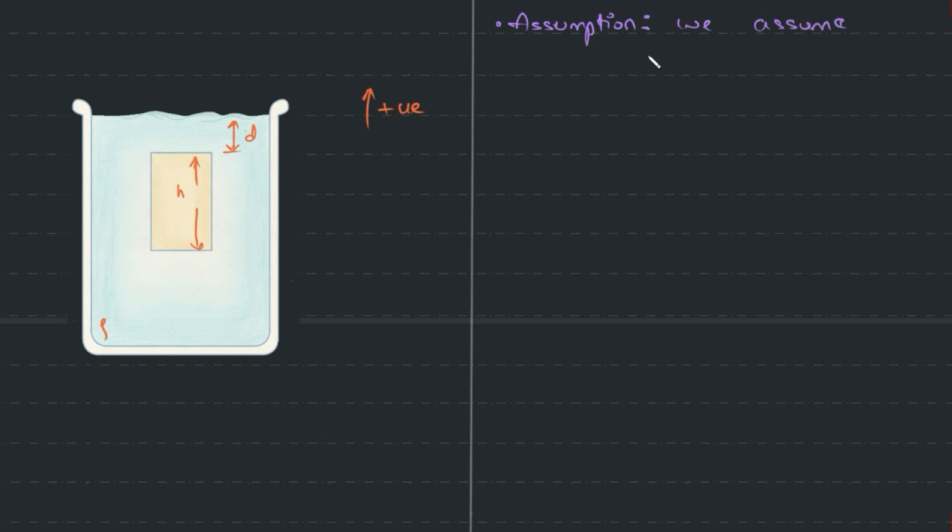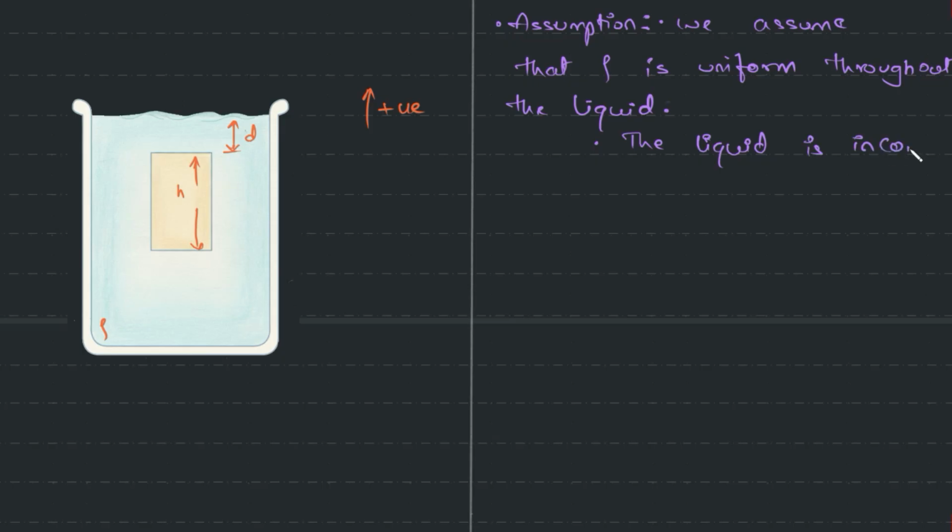We assume that rho is uniform throughout the liquid. So let's start with that assumption. Then also that liquid is incompressible. This is the assumption that we will make, is incompressible. You guys can't see that.